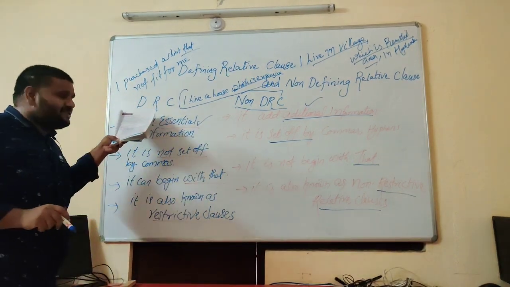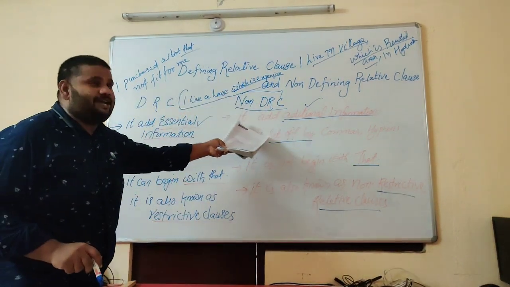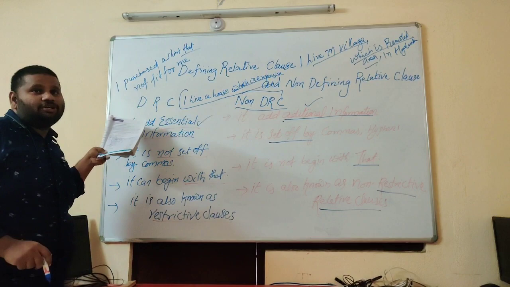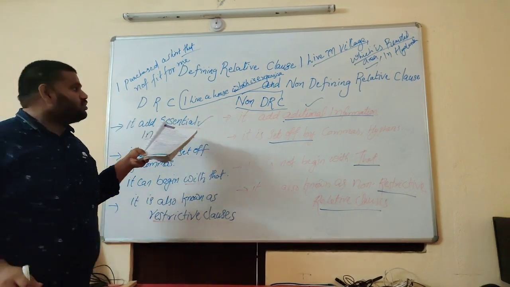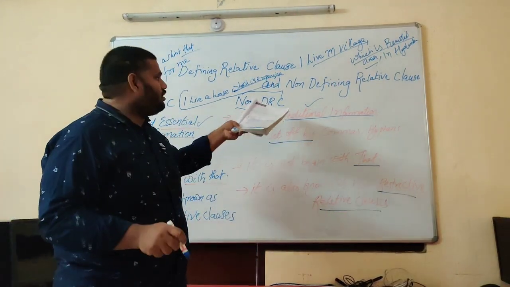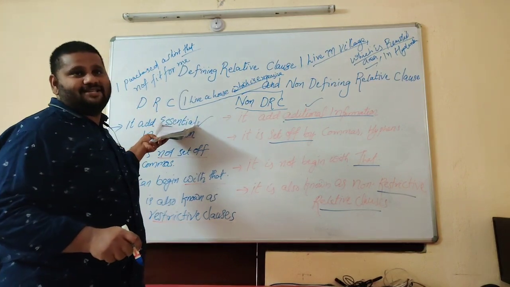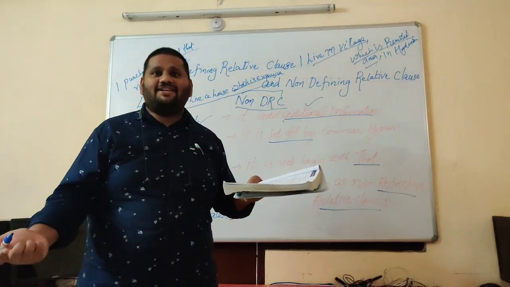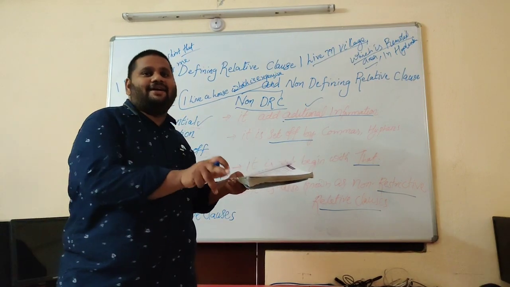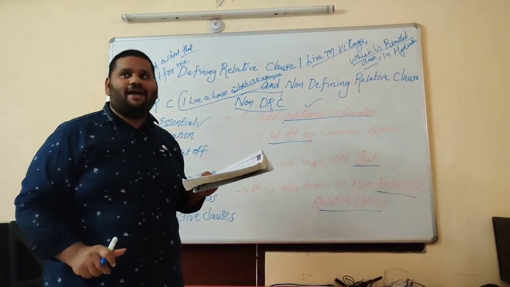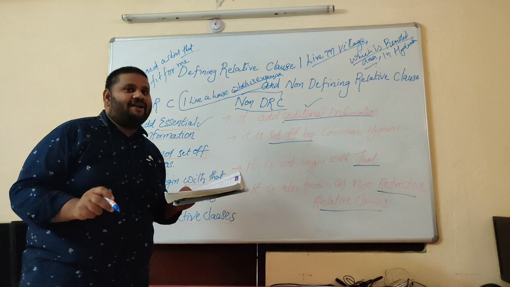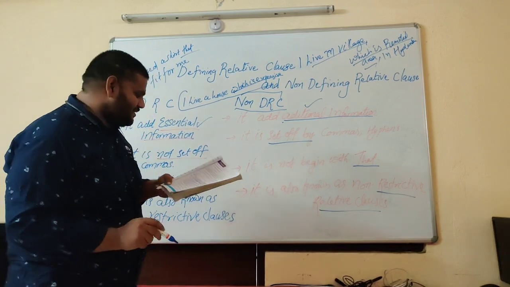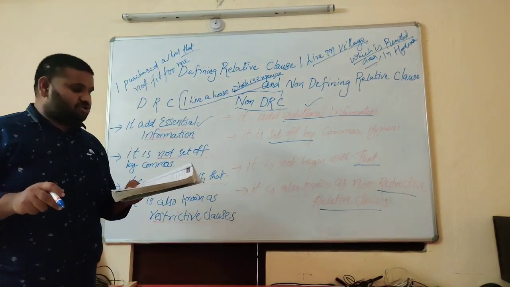We can convert a DRC into a non-DRC or a non-DRC into a DRC. How do we convert a non-DRC into a DRC? Just remove the additional information and keep the essential information, then you have a defining relative clause. We have to make sure of that.